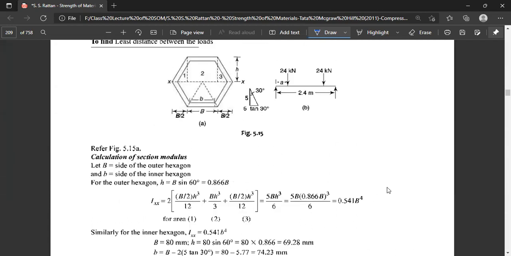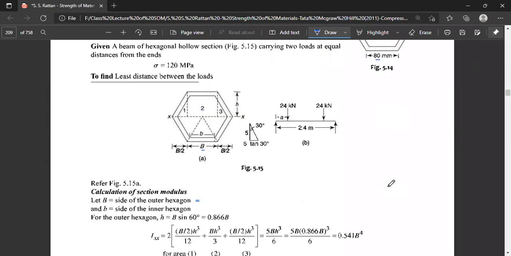So the calculation of the section modulus: let B be the side of the outer hexagon, which is known, equal to 80 millimeter. And b is the inner side of the hexagon, which is not known to us, and which we are supposed to calculate. From the outer hexagon, what will be the height? H is equal to B sin theta.